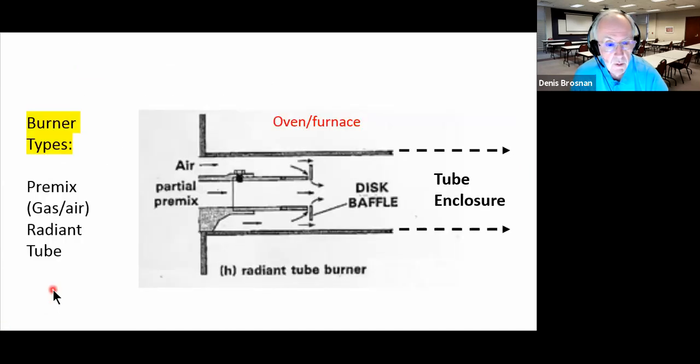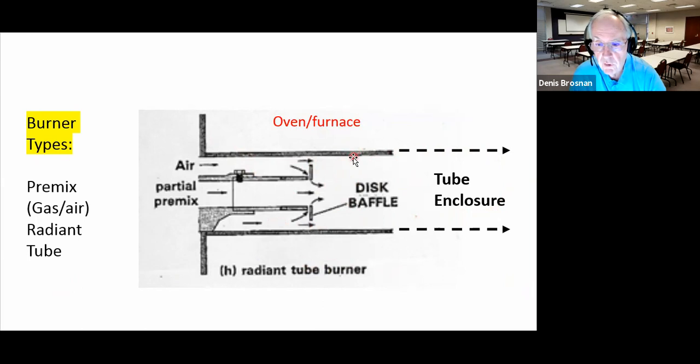Now, here's another burner type, and this is a radiant tube burner. So there's an oven or furnace environment here, and all the flame and combustion is in an impervious tube. So it's like a baffle, but the heat transfer is from the surface of the tube out into the furnace environment.